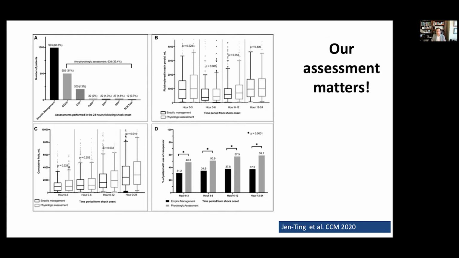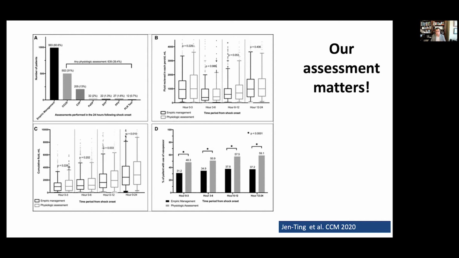There was no real big difference in the amount of fluids received in each arm, or in cumulative fluids received, at least in the initial part of shock management. But overall, again, there was a tendency that patients with actual physiological personalized assessments with some of these dynamic measures do achieve a vasopressors up front, less cumulative fluid kind of outcome.